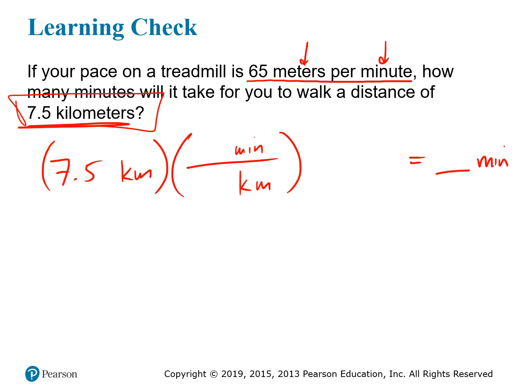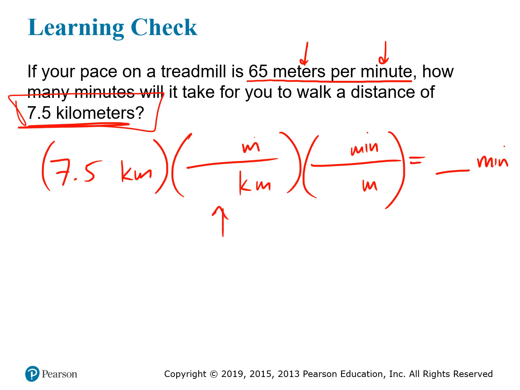Unfortunately, we don't have that. We have meters per minute, which means the first thing that we need to do is convert kilometers to meters. Then we can use our speed to put meters in the bottom and minutes on top to convert meters to minutes.